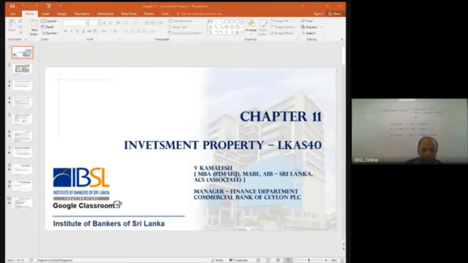That is governed by a separate standard, which is known as LKAS 40. LKAS 40, which is the investment property standard. Investment property standard.